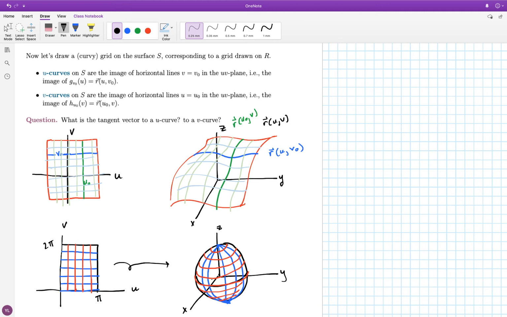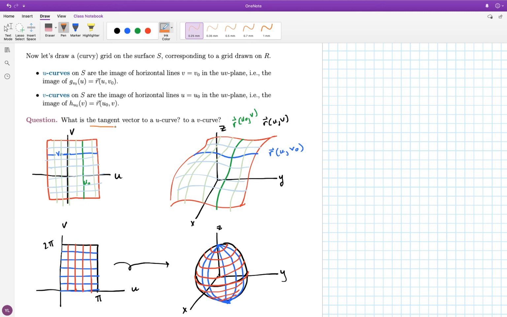It takes every single point in the parameter space and attaches it to a point on the surface of the sphere, and that feels like a wrapping of the parameter space onto the surface.